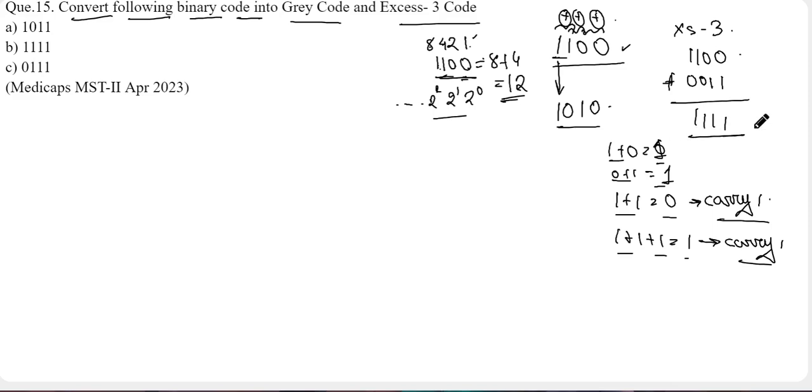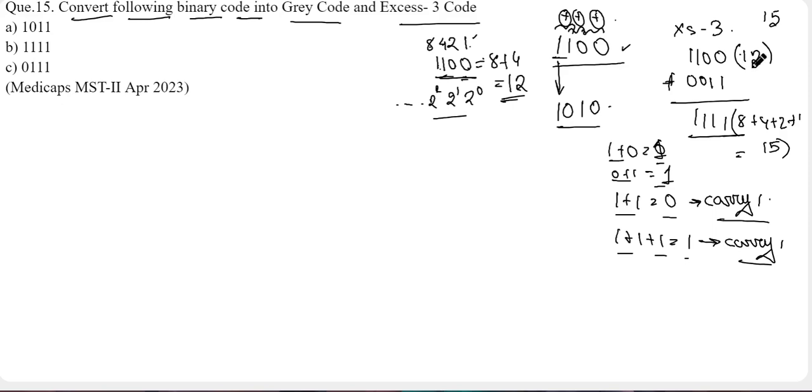So this is our XS3 code, and we can also check whether it is an XS3 code by checking its value. We have determined the value of 1100 as 12. If we add 3 to it, we will get a value of 15, right? If we multiply the positional weights with the bits they are associated with, we get 8 plus 4 plus 2 plus 1, which is 8 plus 2 is 10, plus 1 is 11, plus 4 equals 15.